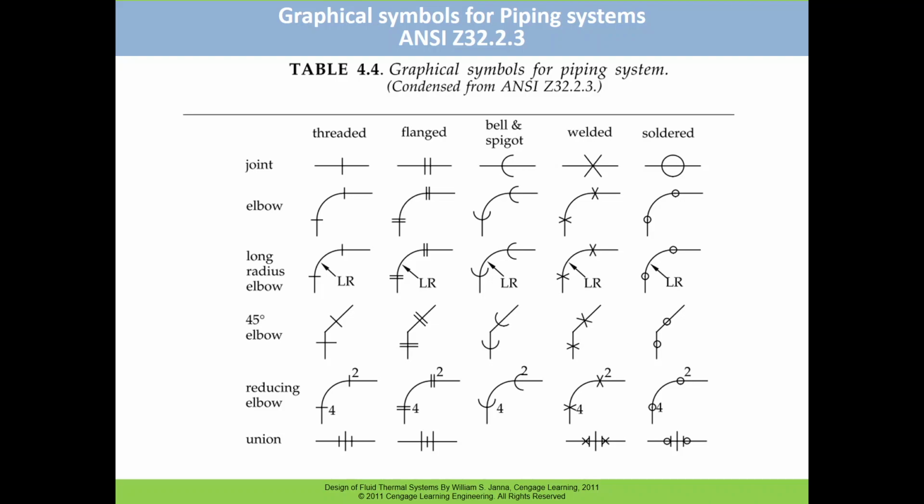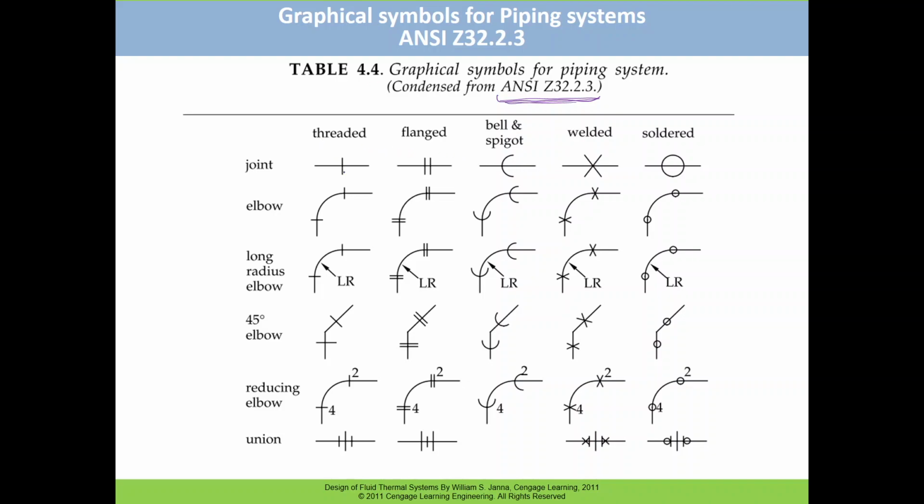The next topic in this is the graphical symbols. The standard for the graphical symbols of the piping network is NCZ 32.2.3. So this is the standard number, and if you want to find out the details for the graphical symbols, you can look it up.